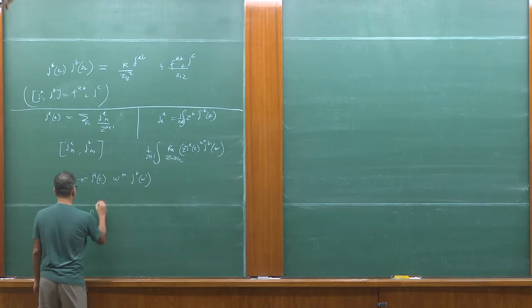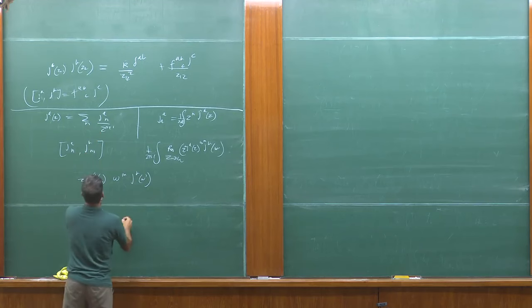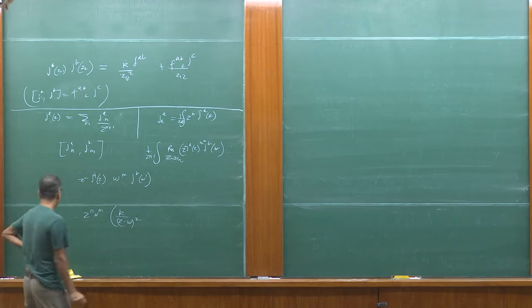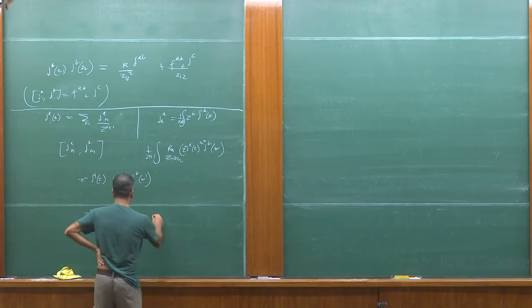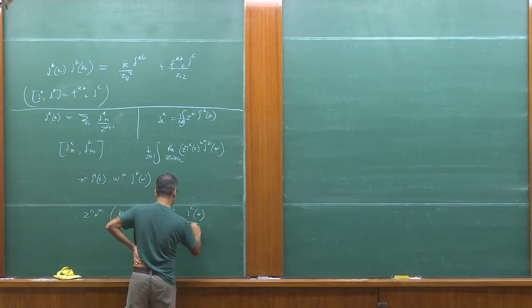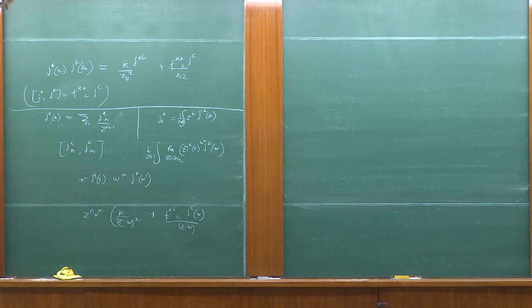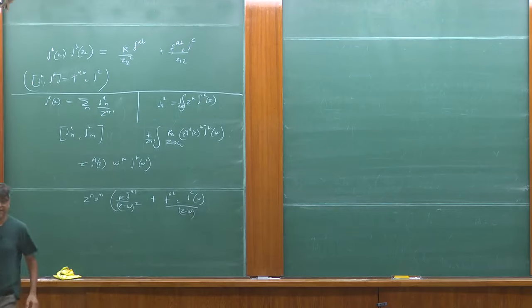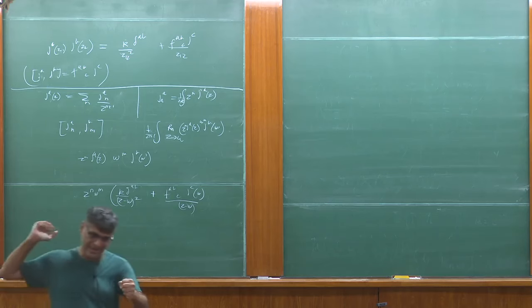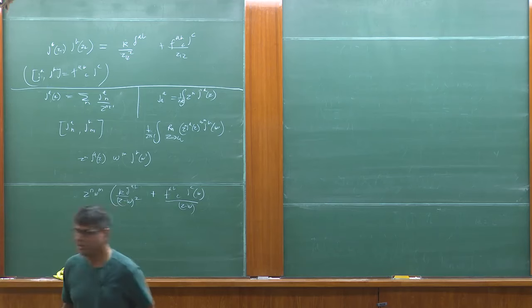So we get Z^n W^m times K delta^AB over (Z minus W) squared, plus f^ABC J^C(W) divided by Z minus W. Then we take Z going to W and isolate the pole.